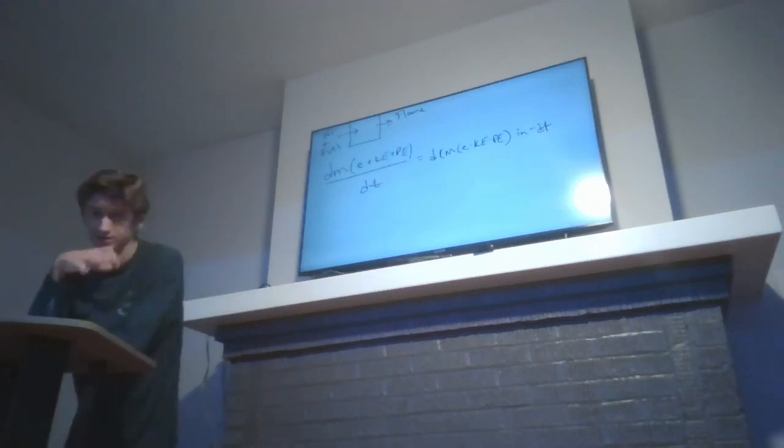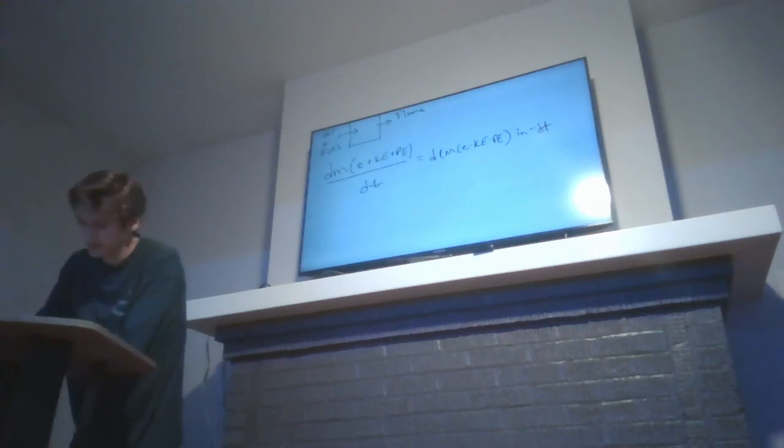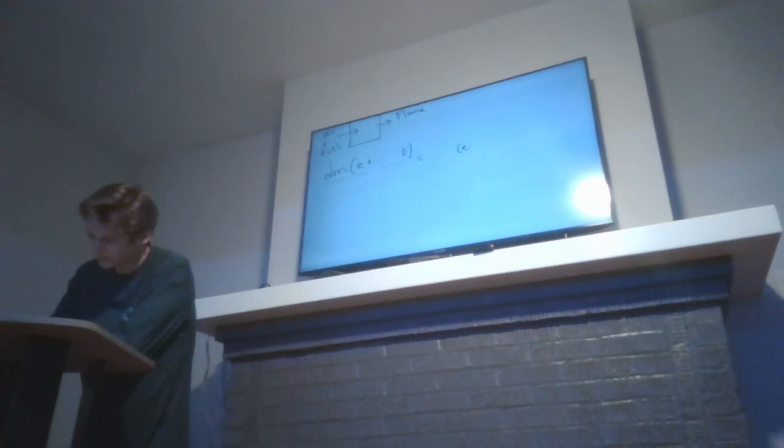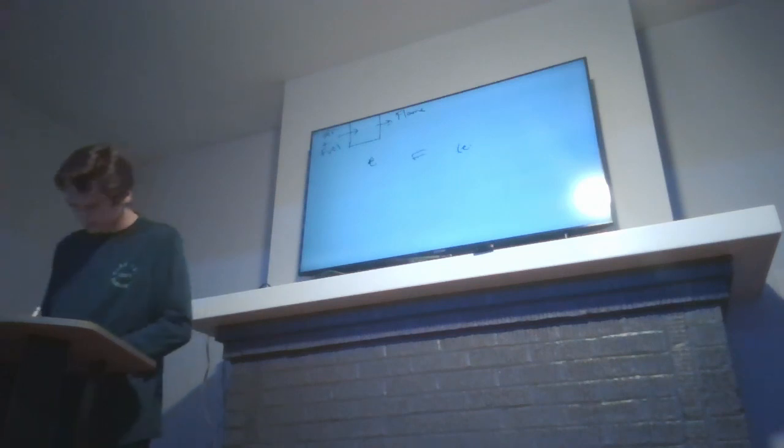Like I said, since we know that it's a steady state and that it's adiabatic, we can cross out the kinetic energies and potential energies, and the mass. So what we're left with is zero equals E in minus E out.